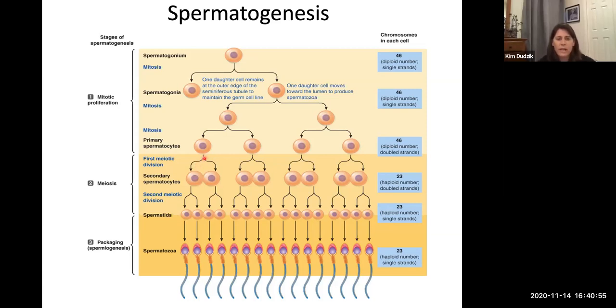Recall from general biology, we take the diploid cell and divide it into two, dividing the chromosomes into each cell. So each of the secondary spermatocytes are haploid in number. Then each one of those can go through the second meiotic division and produce two. Again, we maintain the haploid number at the second meiotic division.